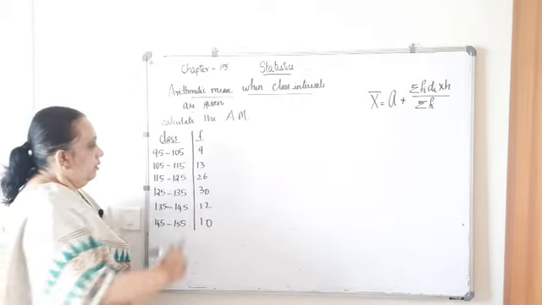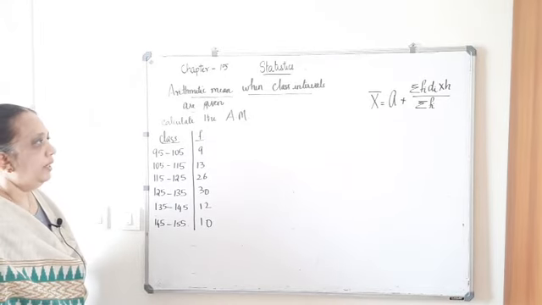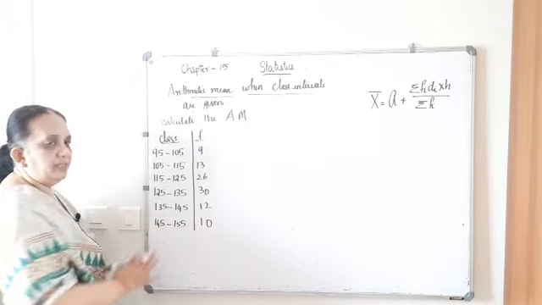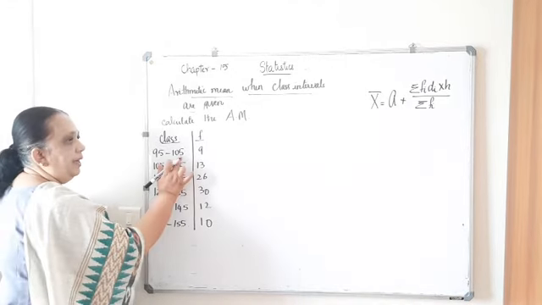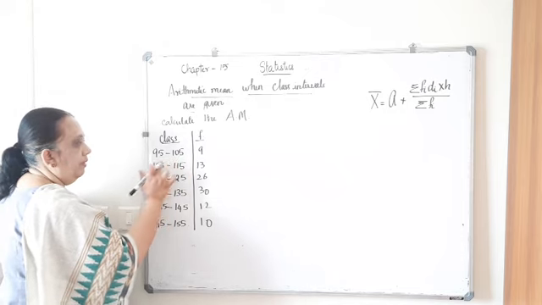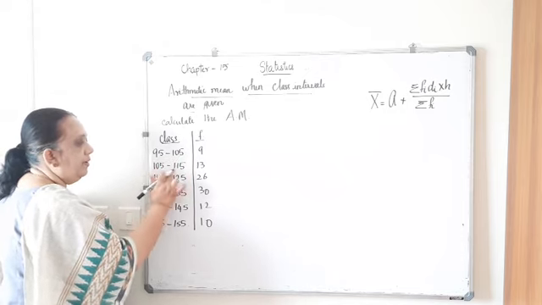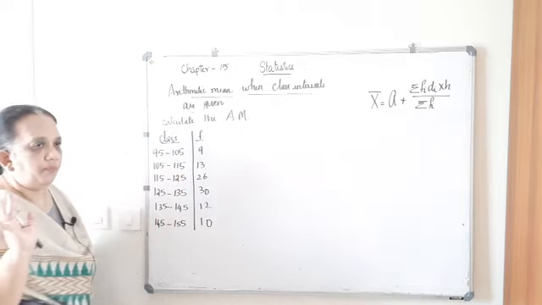After writing the formula, you just observe whether the classes are continuous. 95 to 105, lower limit is 95, upper limit is 105. Here lower limit is 105, upper limit is 115. So it is continuous. So you are safe.